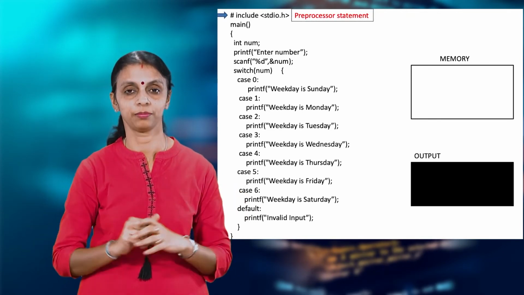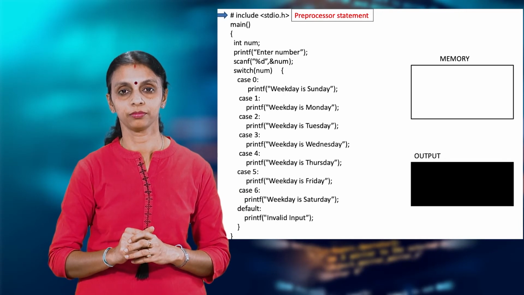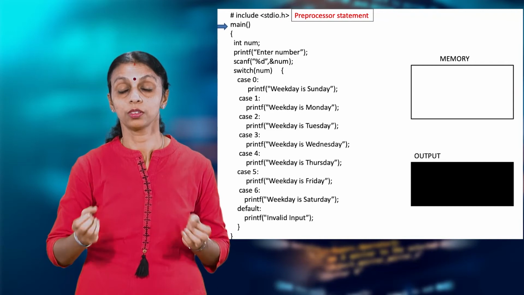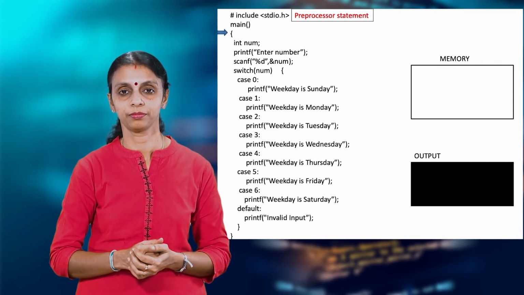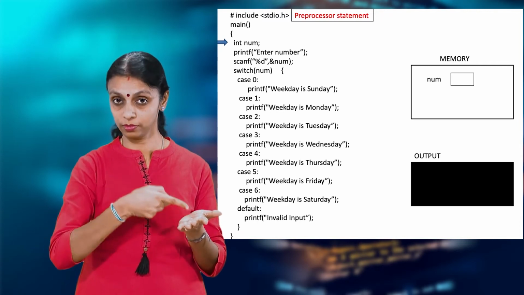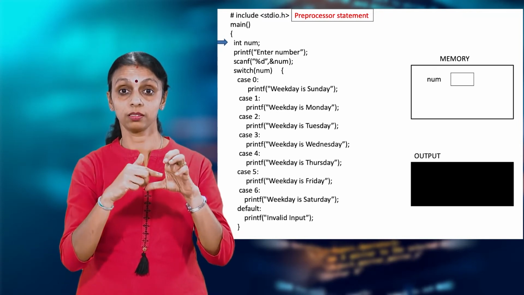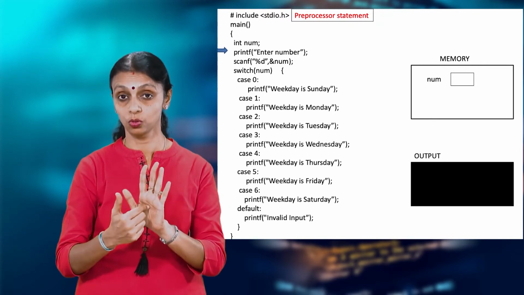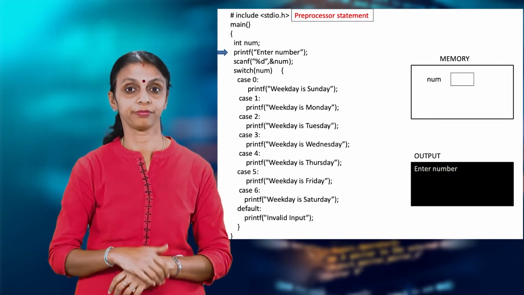Preprocessor statement. Main function where program starts. Variable declaration. Num is a variable of integer data type. Prints the text, enter number.